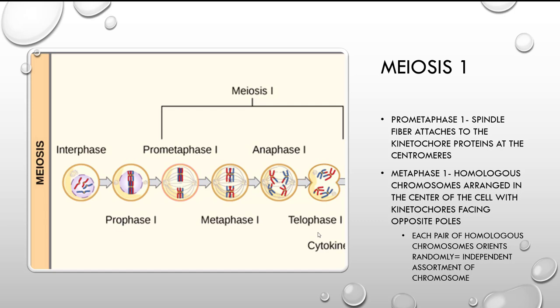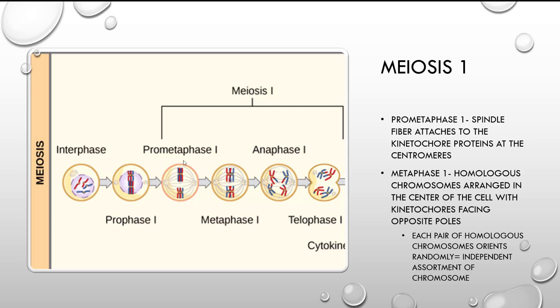Next, we go into prometaphase part 1. Prometaphase part 1 occurs just like in mitosis. Remember, the centrosomes start producing that mitotic spindle. So here is prophase part 1, where the nuclear envelope is dissolving.